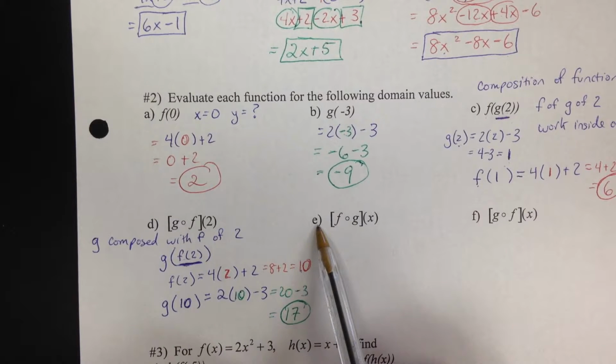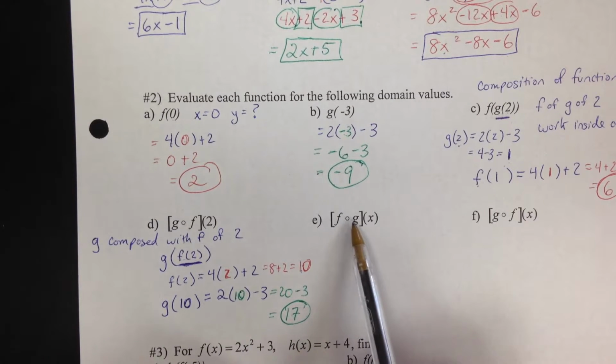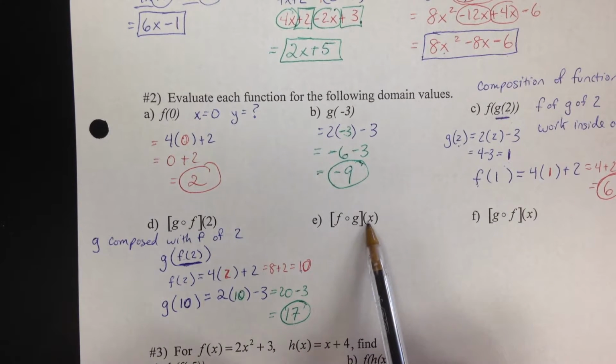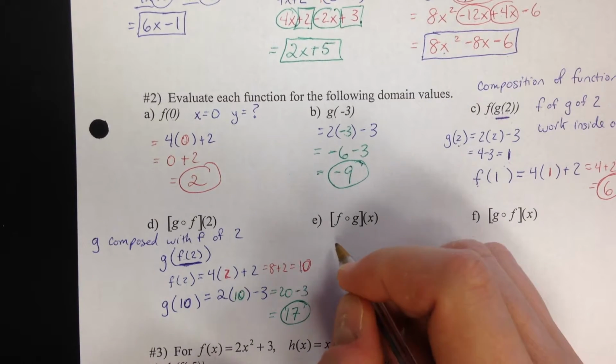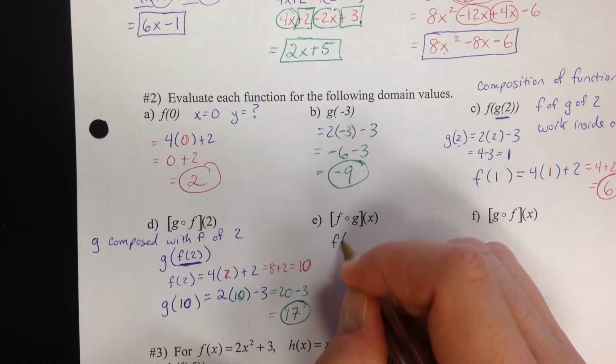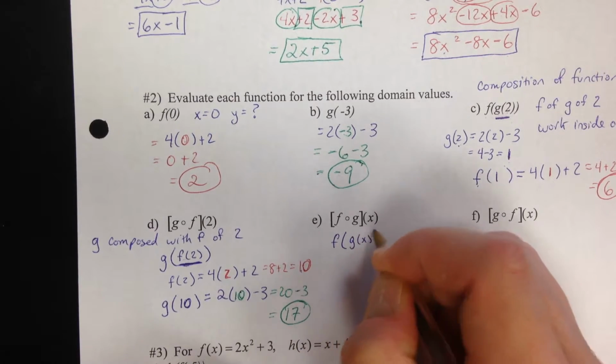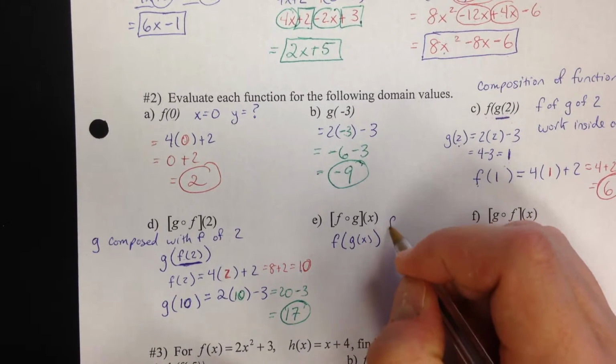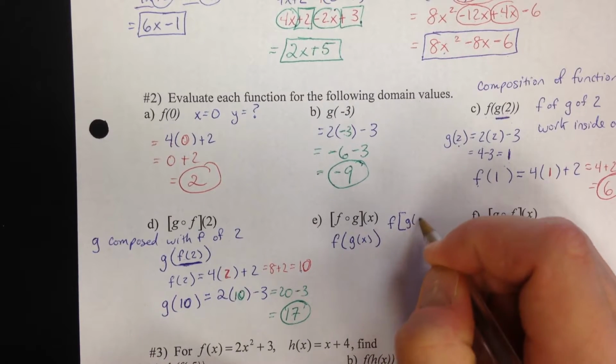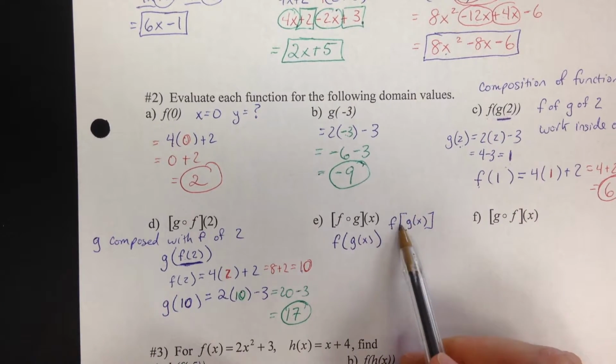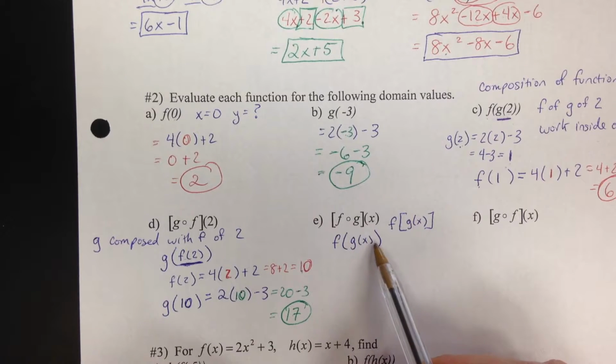Let's say we do part D, f composed with g of x. Let's say they don't give you a number, they just give you that variable x. So let me think about it as f parentheses g of x. You may also see it as f with a bracket, just to keep this a little more separate from the parentheses, because you have a lot of parentheses here.